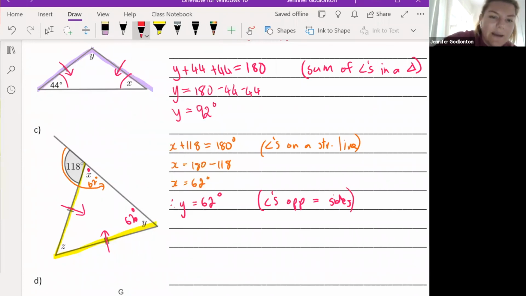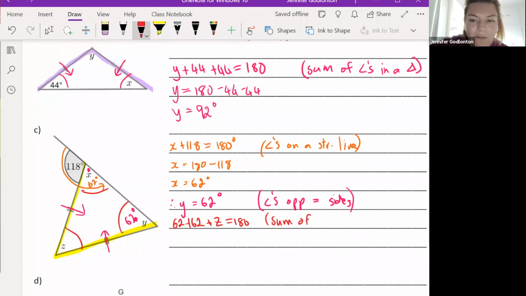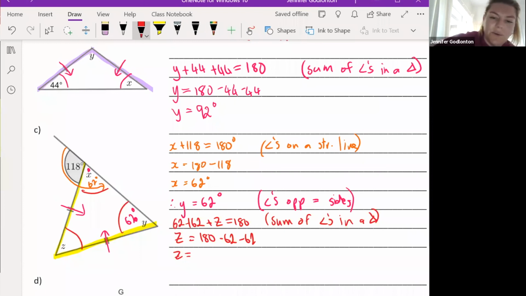So we could say this angle plus this angle plus this angle, so 62 plus 62 plus z needs to equal 180, sum of angles in a triangle. So z is equal to 180 minus 62 minus 62, which means z is going to equal 56 degrees.